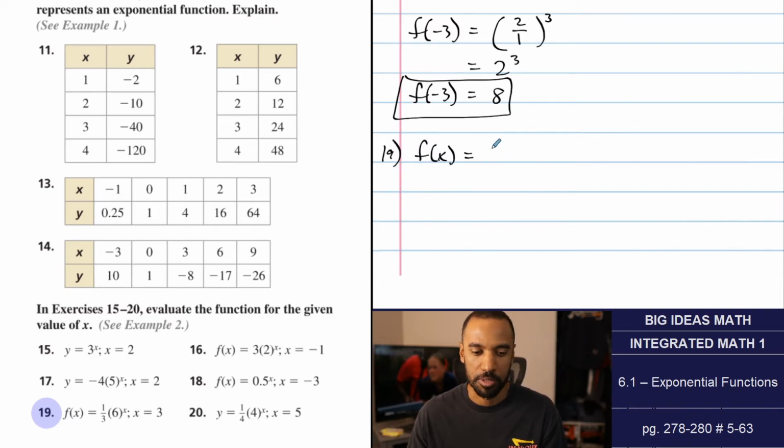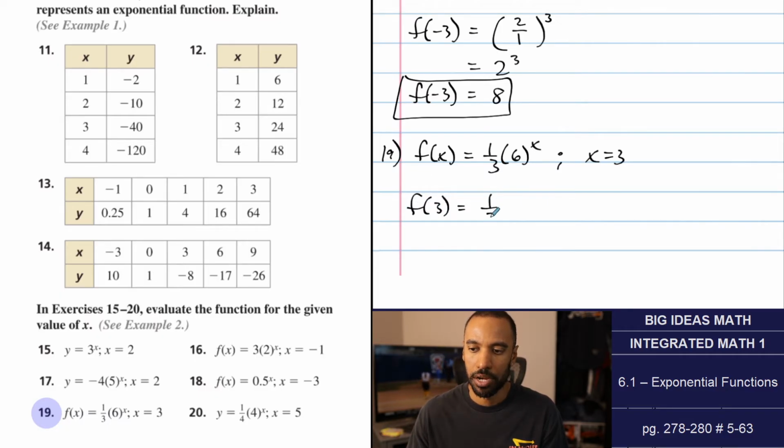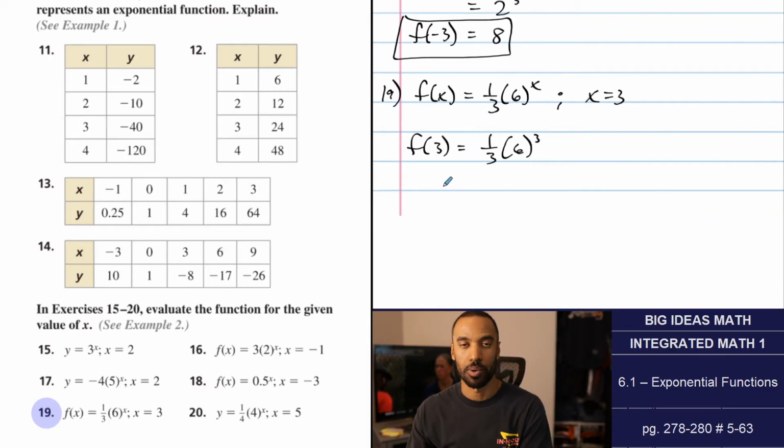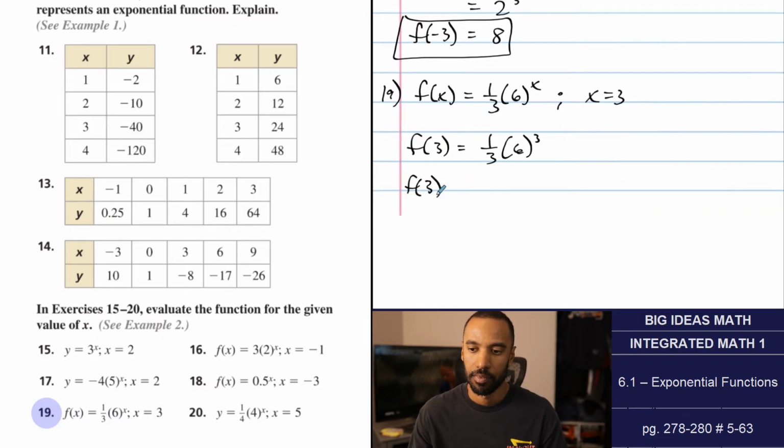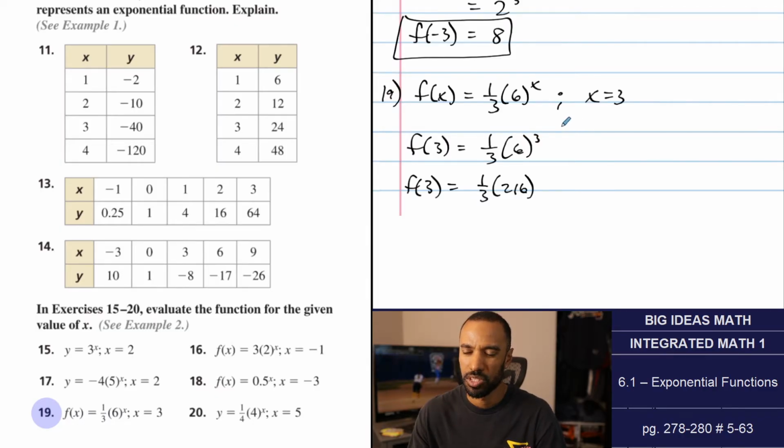I wish there was one where we substituted 0. It doesn't look like we get to do that. f of x equals 1/3 times 6 to the x power, where x equals 3. Let's take f of 3. This is 1/3 times 6 cubed. We do have to do 6 cubed first. That is 216. So we will do 1/3 of 216, which is 72. f of 3 is 72.